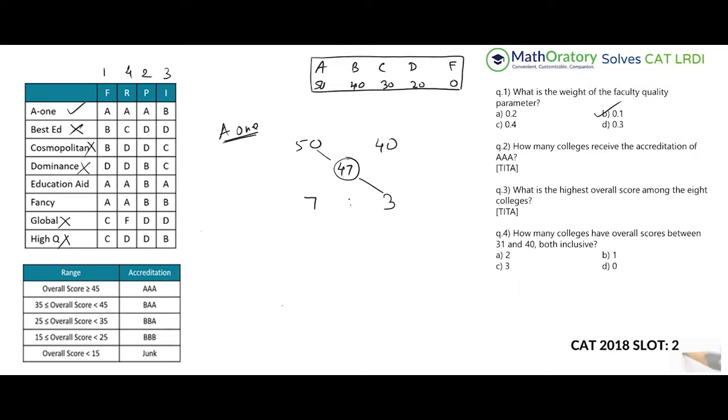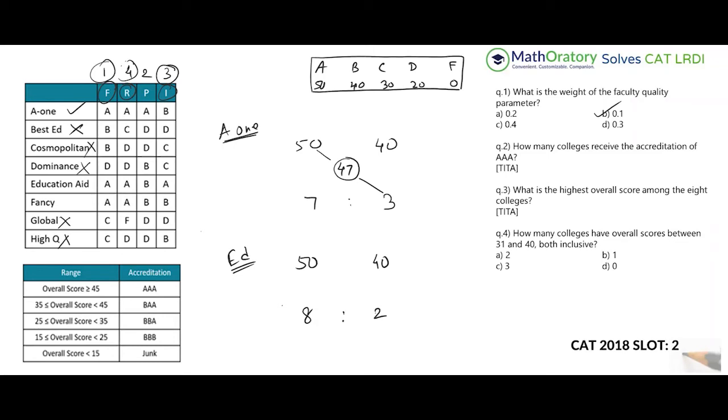Let us do the same thing for the remaining. So education aid. I'm just writing ed. You have A and A here. So that's a 50 contributed from F, R, and I, a net weight of 8. And this is 40, a net weight of 2. Again, you can calculate this in the same way or observe this.